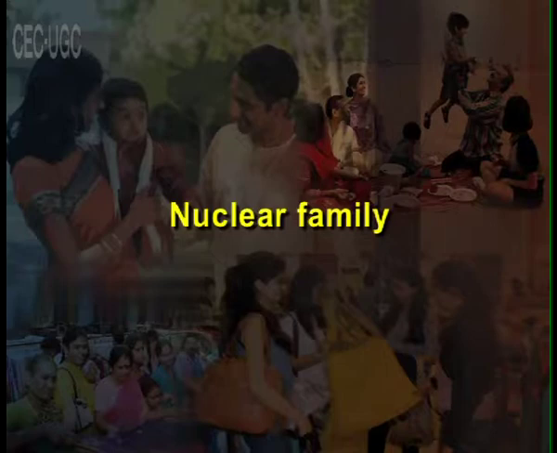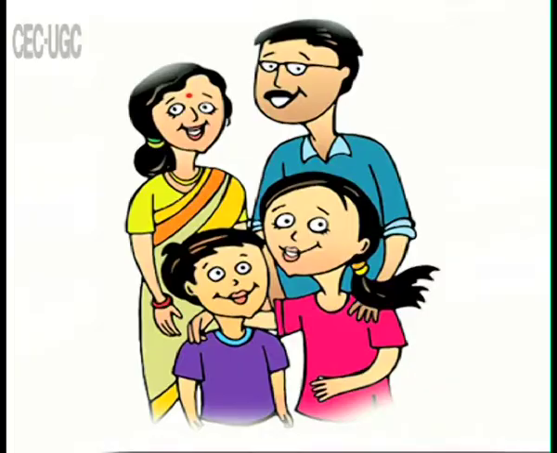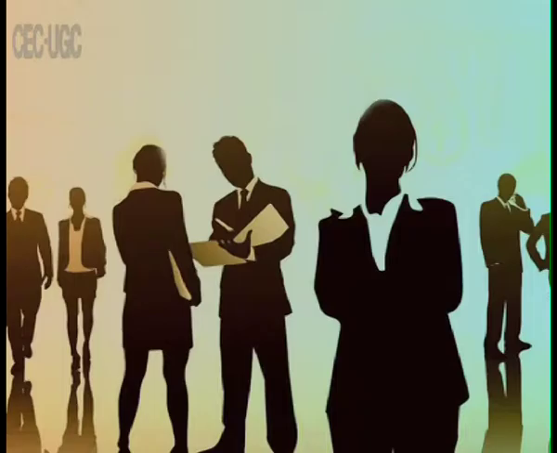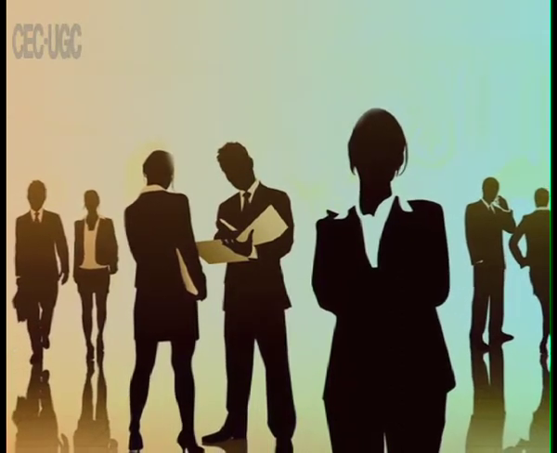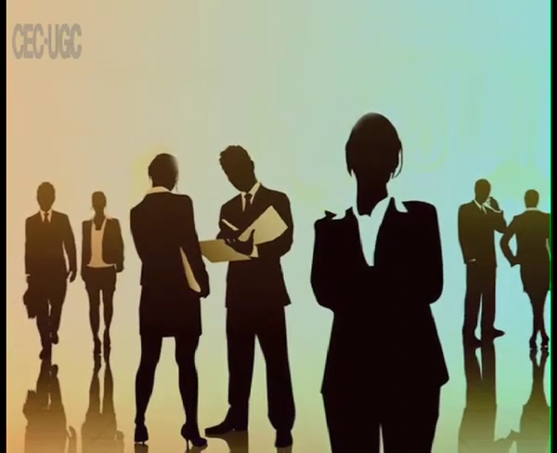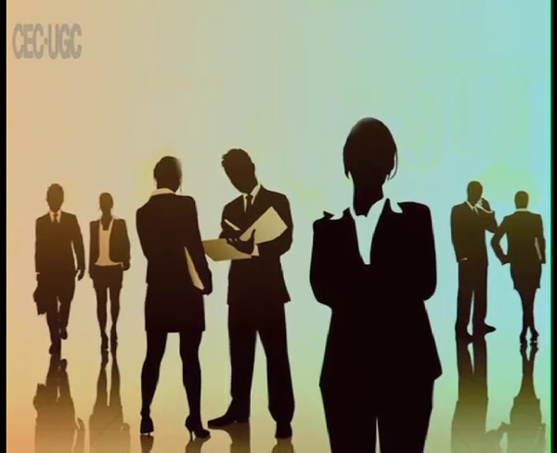Coming to the first type of family, it is the nuclear family. A nuclear family is comprised of a husband and wife and their children. And in this type of nuclear family, either the husband or the wife or both might be working outside in order to earn an income. Moving on to the next type, it is the extended family.